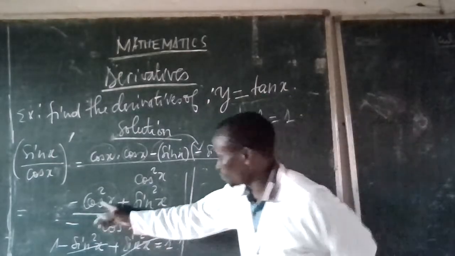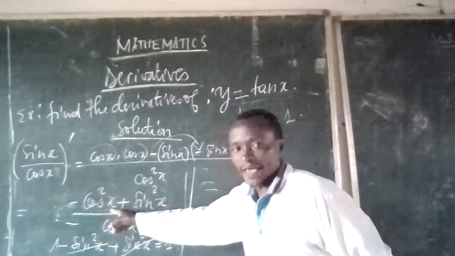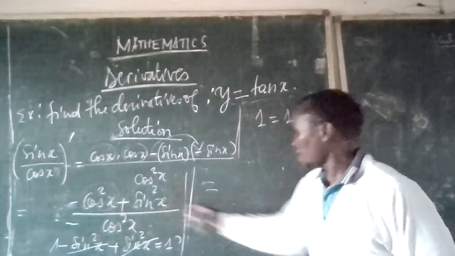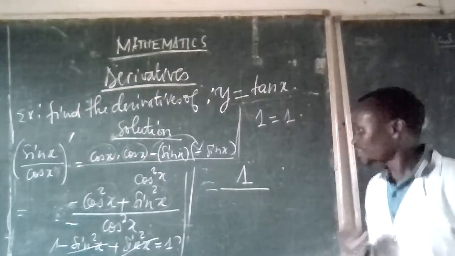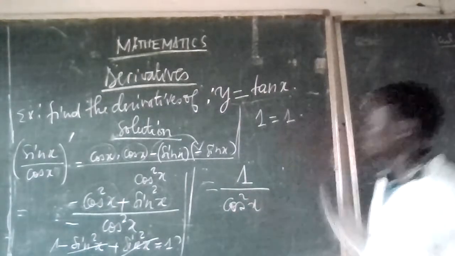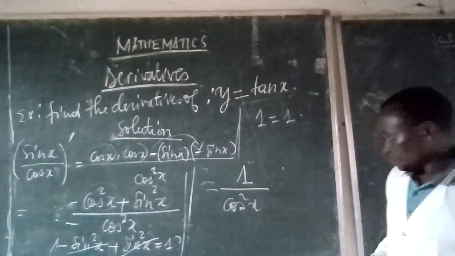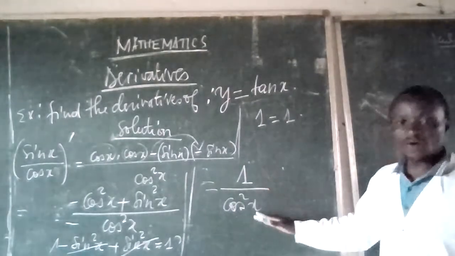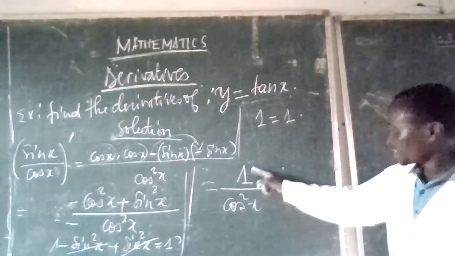Then we should have cosine square x plus sine square x is equal to 1. We have proved it over cosine square x. Are we together here? Now, if we are reaching here, it means this is the final answer, or there is another possibility.